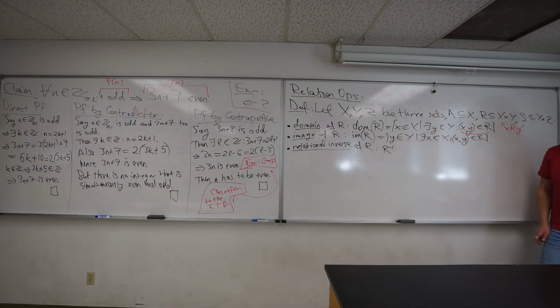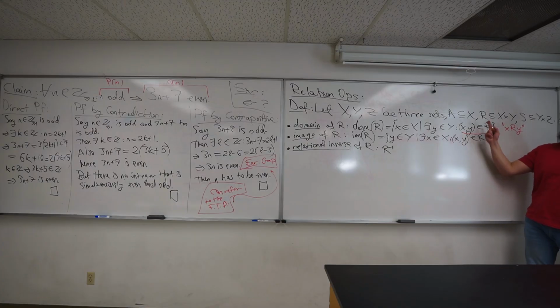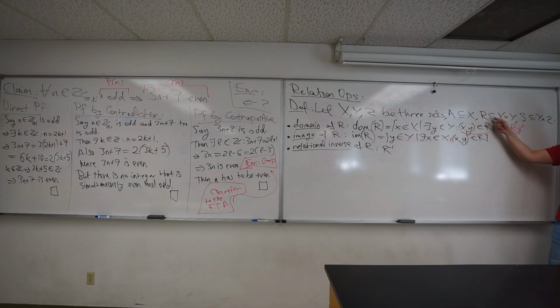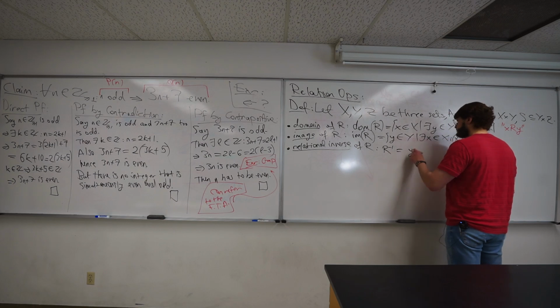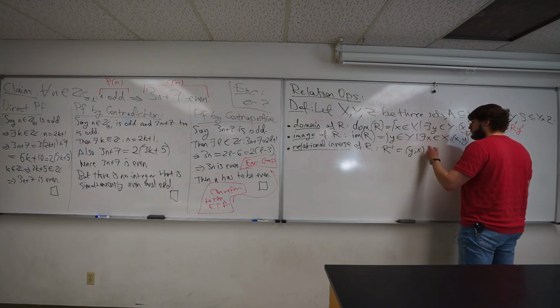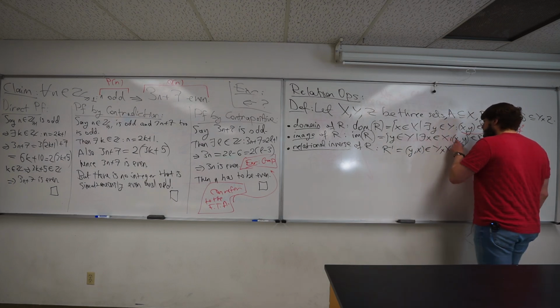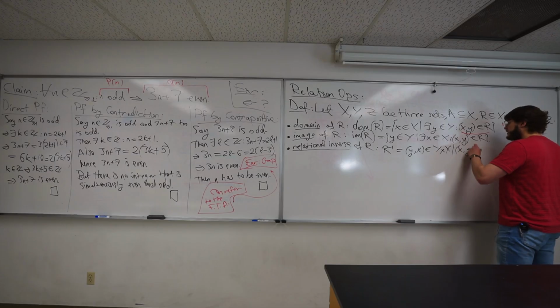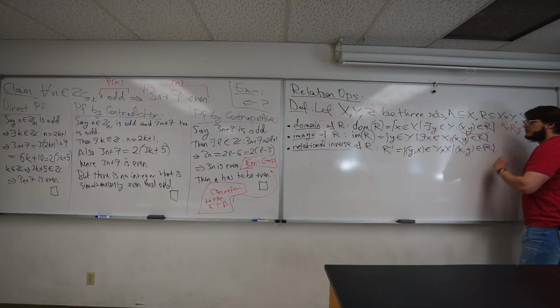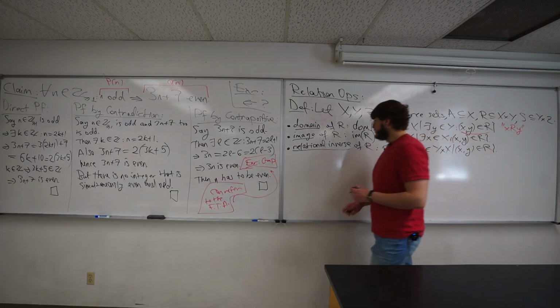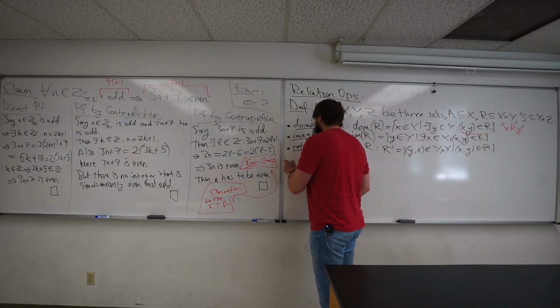Instead of looking at (x, y)'s, you're going to look at (y, x)'s. So now, R is a relation from X to Y. R inverse is going to be a relation from Y to X: the set of (y, x) in Y times X such that (x, y) is in R. I'm going to say a couple more words about this in a second.